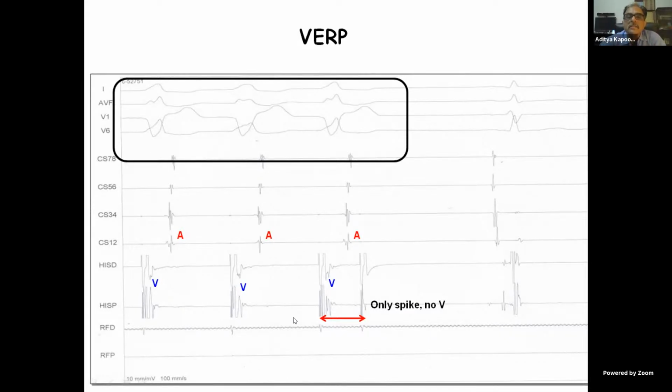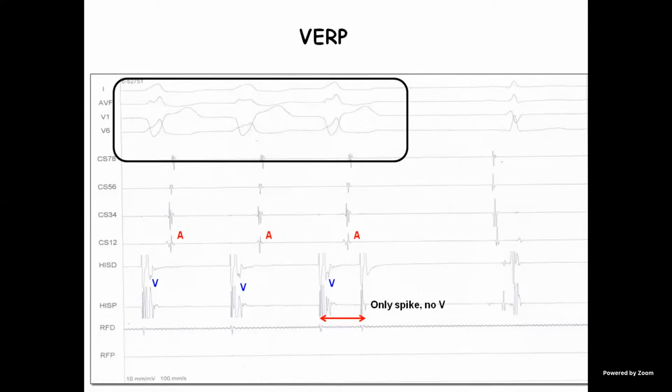Spike, noise; here spike, no noise. That is another proof that the pacing spike has only come and did not capture the ventricle. Okay? So this point is clear?